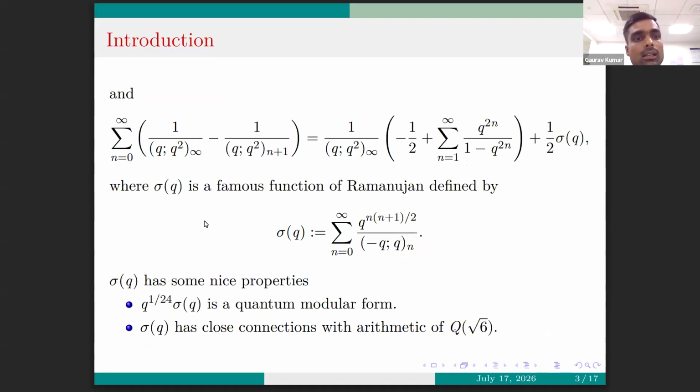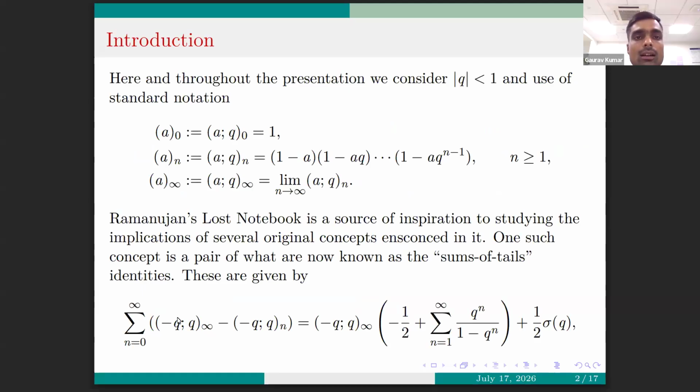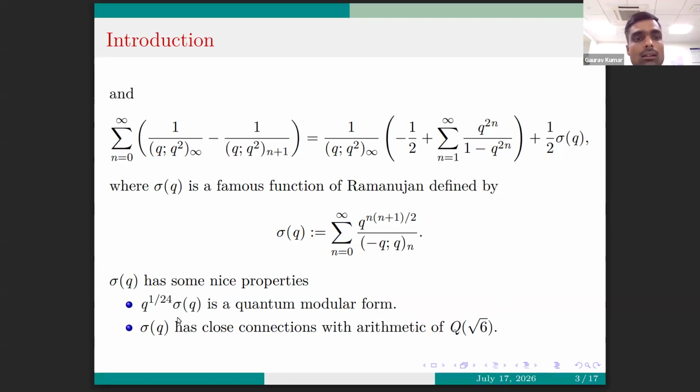Another identity of a similar kind is this particular one, where also recall that (-q)_infinity is the generating function for partitions into distinct parts. Similarly, in this sum of tails identity, 1/(q^2;q^2)_infinity is the generating function of partitions into odd parts.